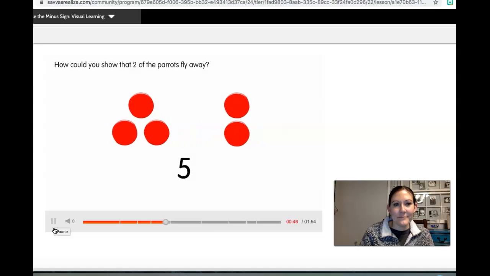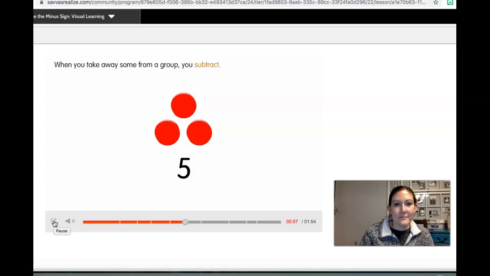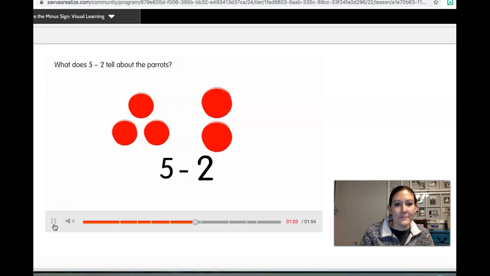How could you show that 2 of the parrots fly away? You could move 2 counters away from the group. When you take away some from a group, you subtract. What does 5 subtract 2 tell about the parrots?